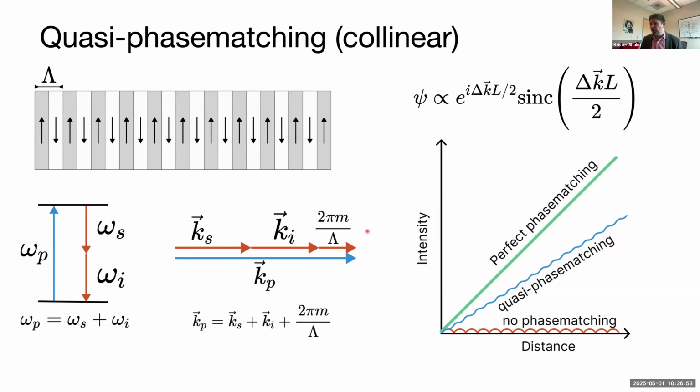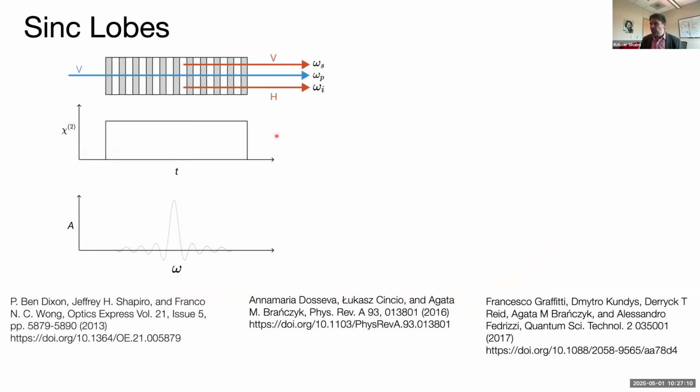I'm not going to spend too much time on it, but one of the big problems in making high efficiency sources that are really indistinguishable is that you want to get rid of this sinc term. The sinc term comes from the fact that when I send my pump into one of these crystals, in time my pump comes in, suddenly hits the crystal interface, and I turn on the nonlinearity.